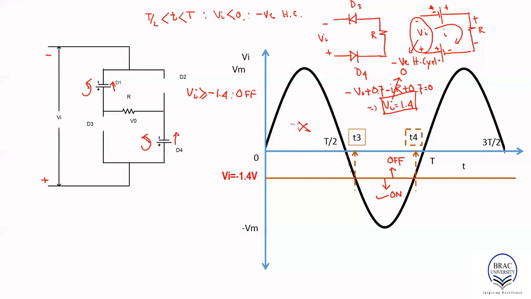On the other hand, VI less than minus 1.4, on. So that means this is the minus 1.4 line. So any more negative value, this value, this value, this value, for this voltage the diode is on. So let's find out the time interval.